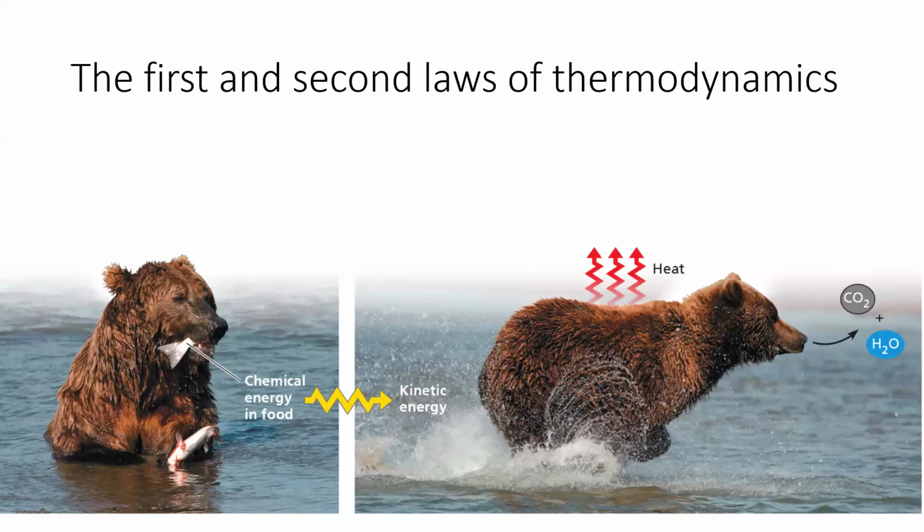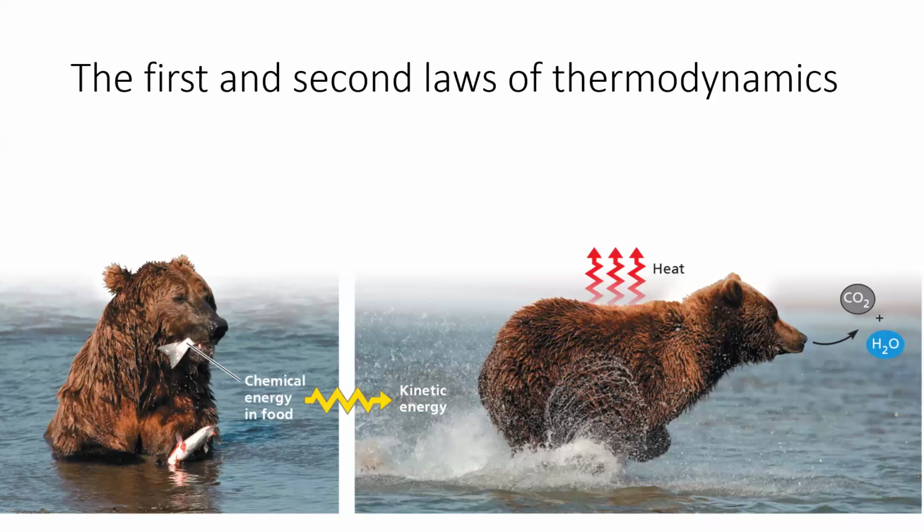Our second law of thermodynamics is about how these energy transfers increase disorder in the universe. And that is just the way things tend to work. So this process increases universal disorder because when the bear eats the fish, some of that energy is transformed into kinetic energy when it runs, but most of that energy is lost as heat. So in reality, tons and tons of energy is being lost as heat in biological organisms all the time.